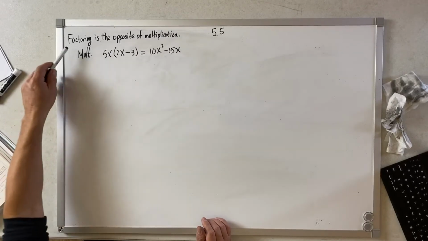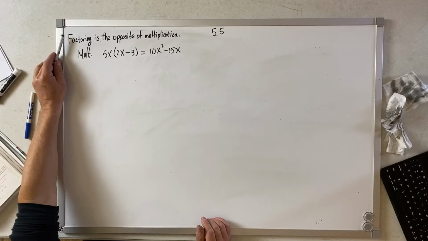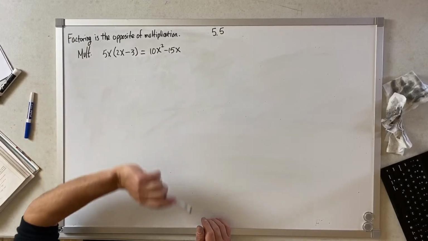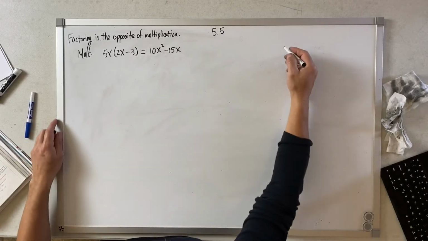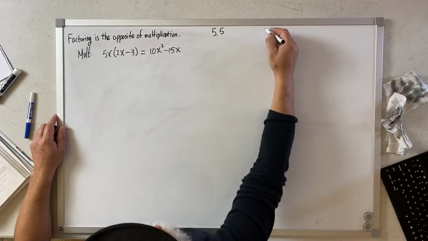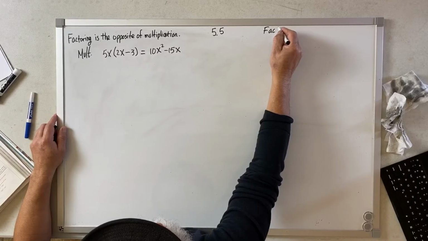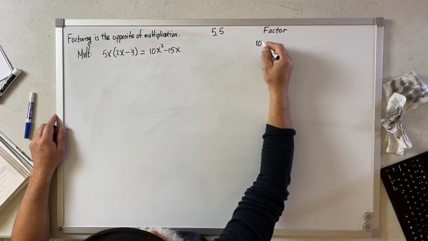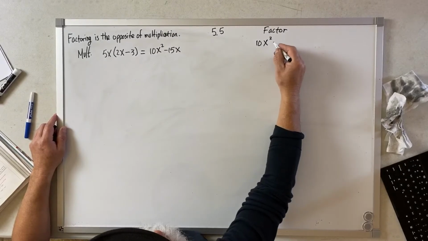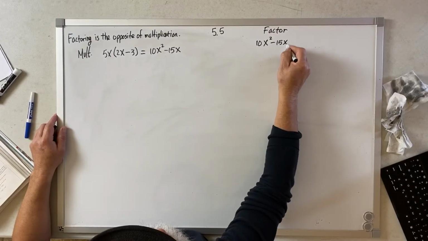But we just said that factoring is the opposite of multiplication. So on the right hand side, I'm going to factor 10x squared minus 15x.